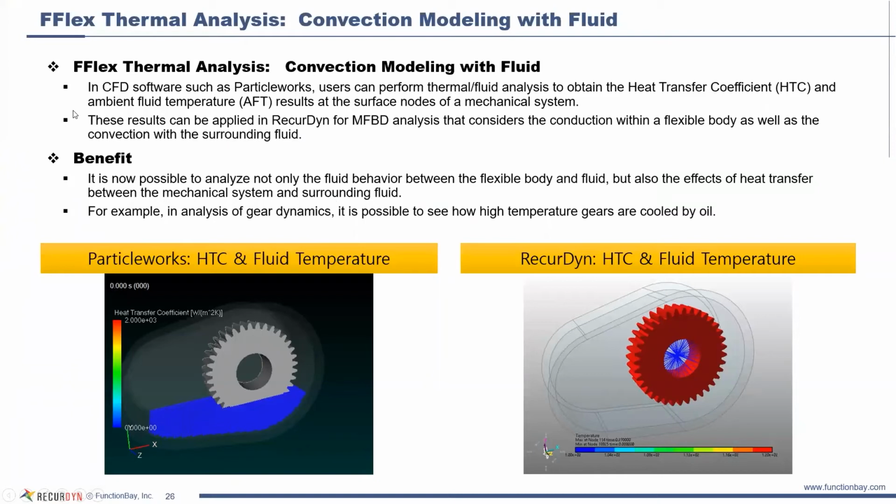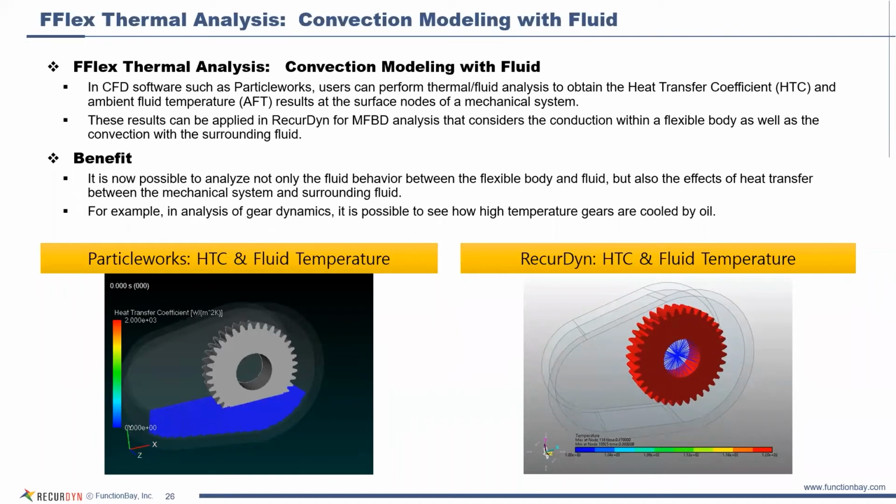In CFD software such as ParticleWorks, users can perform a thermal fluid analysis to obtain the heat transfer coefficient and the ambient fluid temperature at the surface nodes of the mechanical system, including the surfaces of flexible bodies.